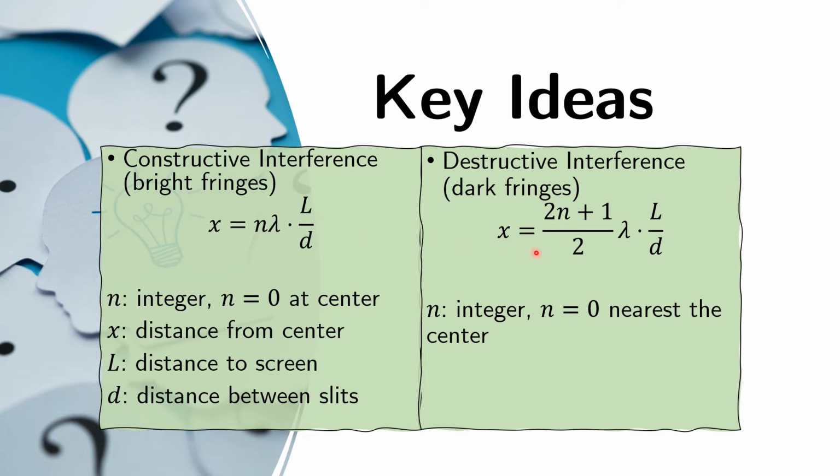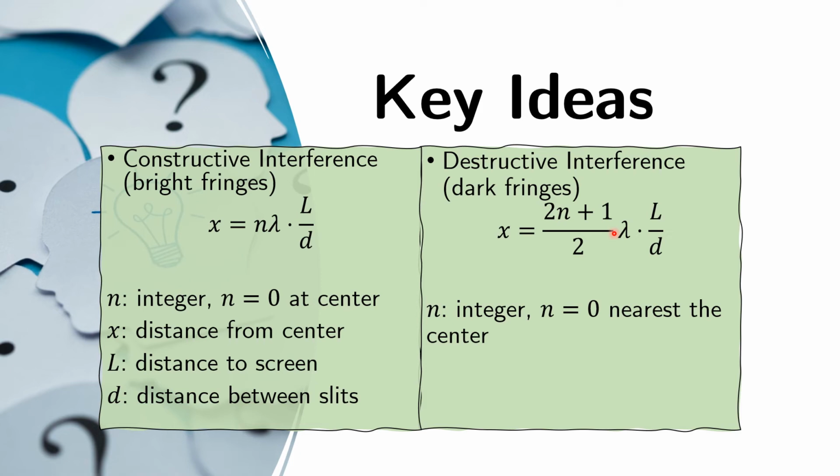And here we can also find the distance from the center of the next dark band. That's given by this. Here again, n is an integer, and when n is 0, that is the dark band closest to the center. So if we plug in 0 here, we get 1/2 lambda times this ratio. And you can think of it like we are shifting 1/2 lambda, 1/2 of a wavelength away from the center.